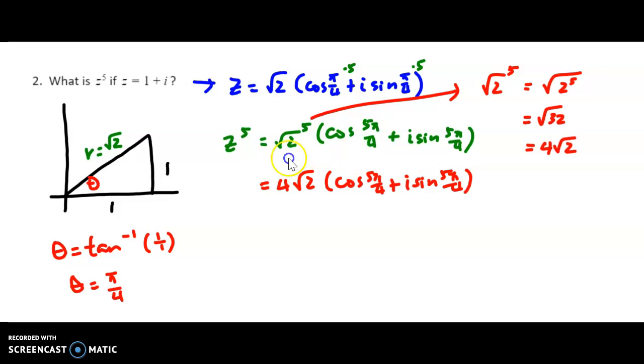Now, again, if it asks you to put it in rectangular form, then you have to work this out, right? You have to evaluate what this is going to be. And so this is what you get, cosine and sine, and then we distribute the 4 root 2, okay? And you end up with negative 4 minus 4i.